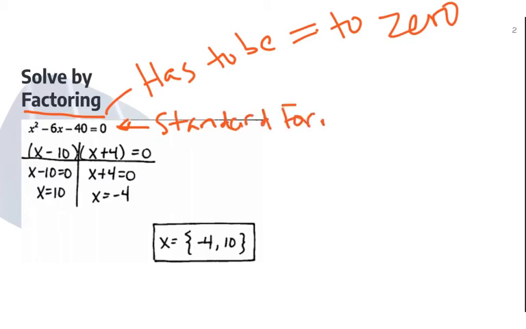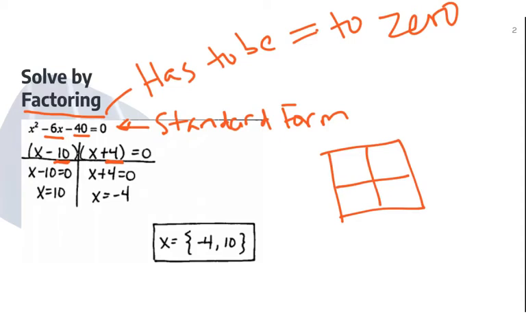So you've got to break it down into factors. And if you use the area method, that's great, right? This person just, I think they kind of knew in their head, negative 10 times positive 4 is negative 40, and negative 10 plus 4 is negative 6. Okay, but I like doing it in the area method.